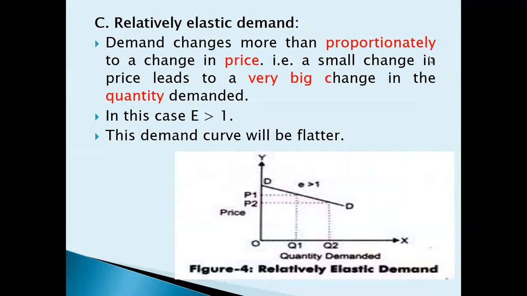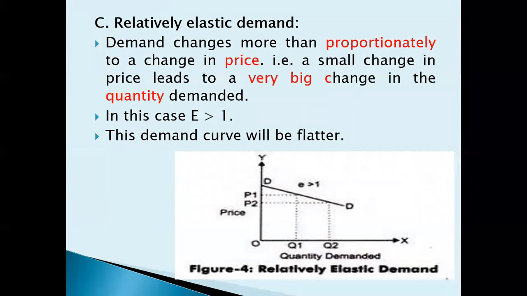Now, under this relatively elastic demand, what is going to happen? Demand changes more than proportional to the change in the price. प्राइस में थोड़ा सा फ्लक्चुएशंस किया तो यहाँ पे more than double or more than triple your quantity demanded is showing its performance.